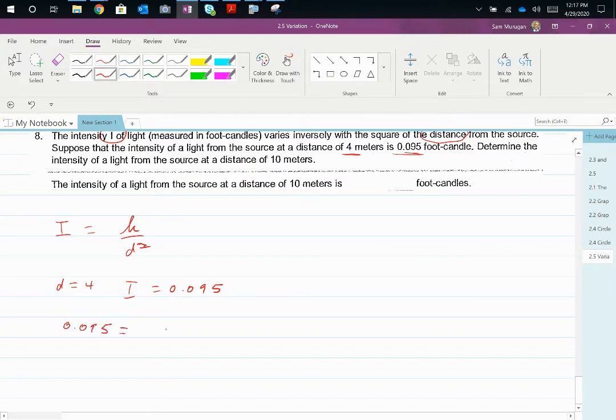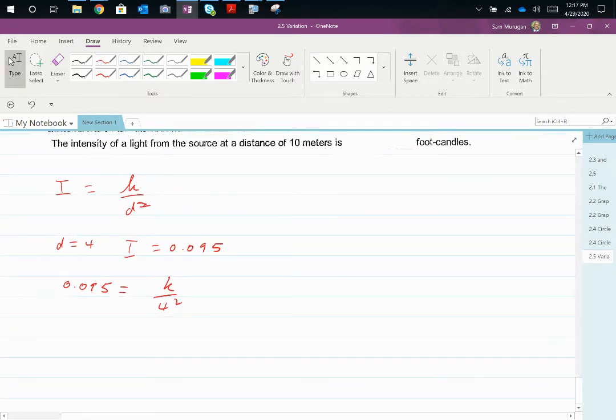0.095 is equal to K over 4 squared. 0.095 is equal to K over 16.